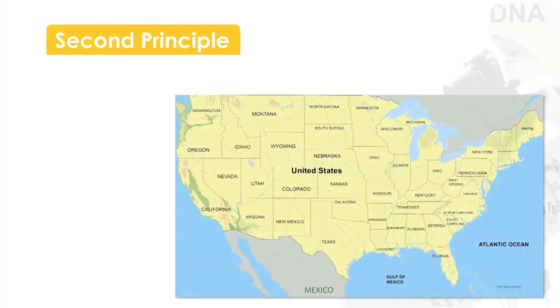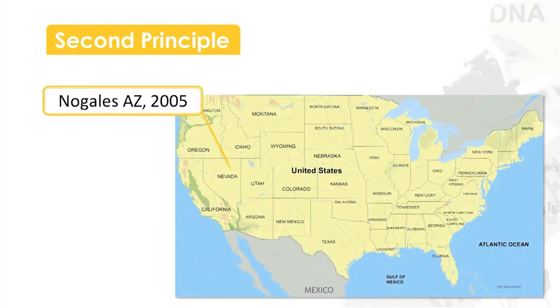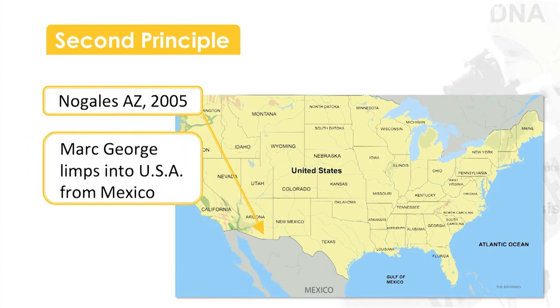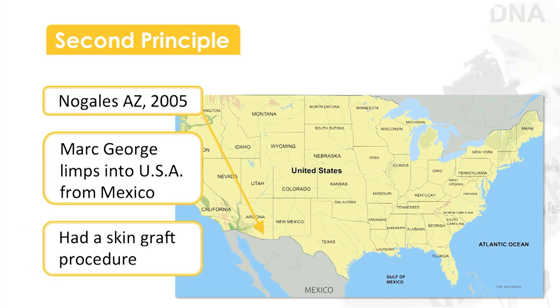So here's an example from a few years ago, 2005, when a man with a criminal record called Mark George entered the United States from Mexico. Now, Mr. George, because of his criminal record, did not want to be recognized at the border. He knew he would be fingerprinted, and therefore he went in for this skin graft procedure.